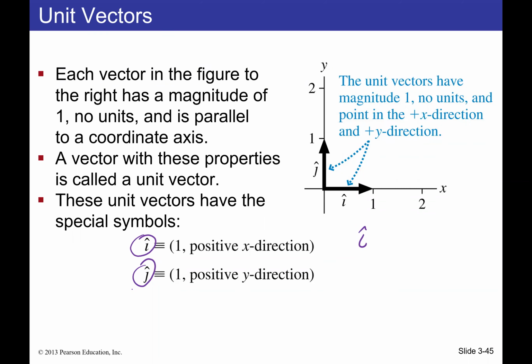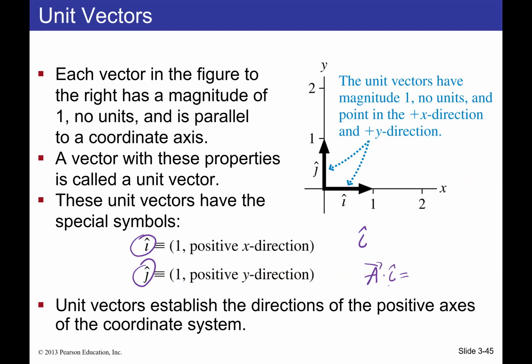We can use these unit vectors to give any vector a direction. If I multiply vector A by I hat, it multiplies by one, which in no way changes the magnitude of vector A, but easily represents its direction. If it's horizontal, we can use these vectors to establish a direction.